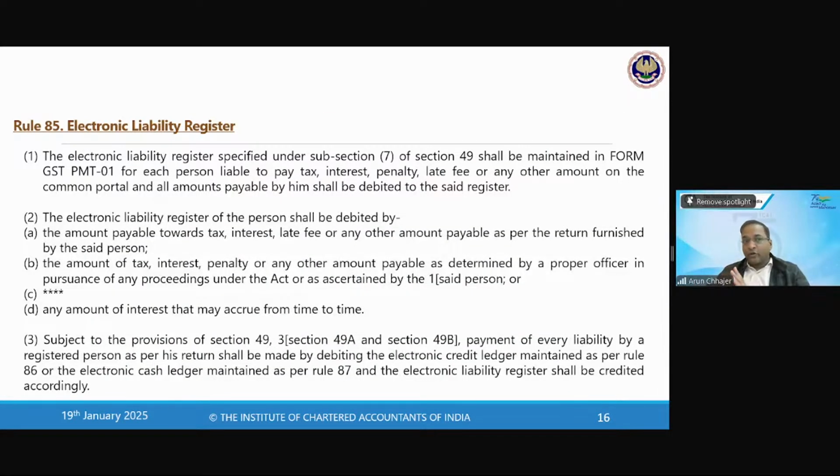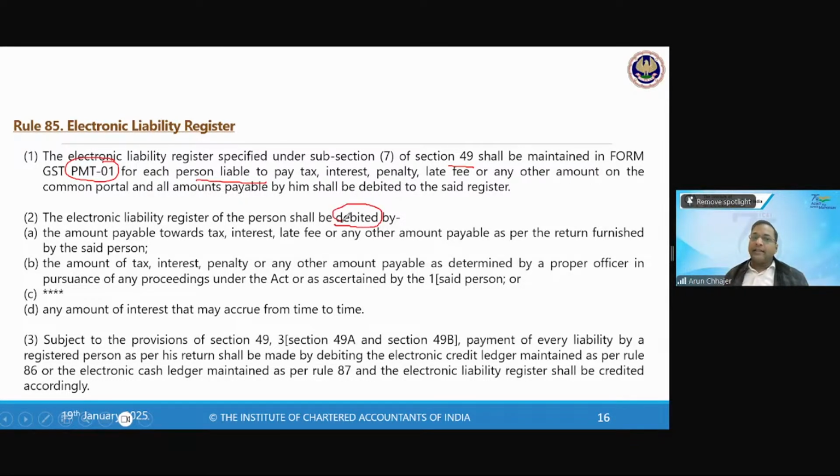Now, what is the electronic liability register? Now we will read every provision. The electronic liability register specified in 49 subsection 7 shall be maintained in PMT01 for each person liable to pay tax, interest, penalty, late fee or other.